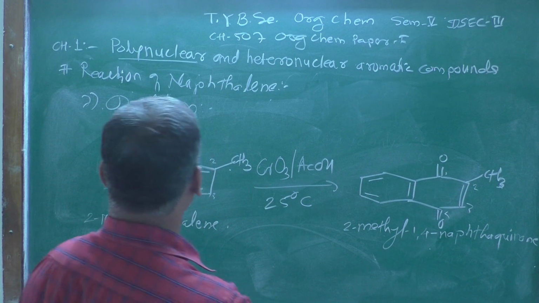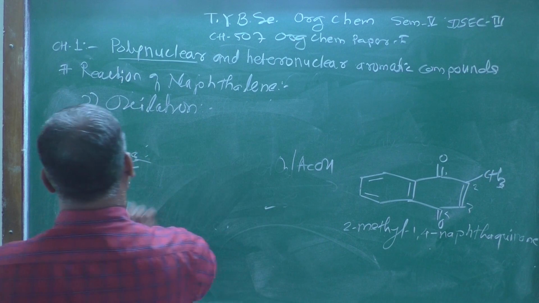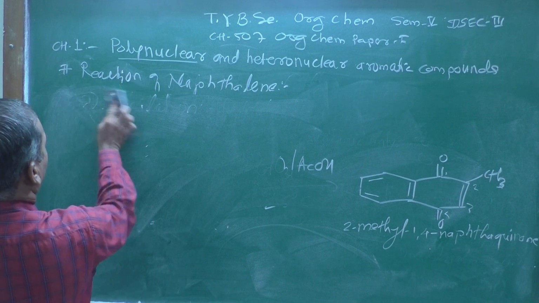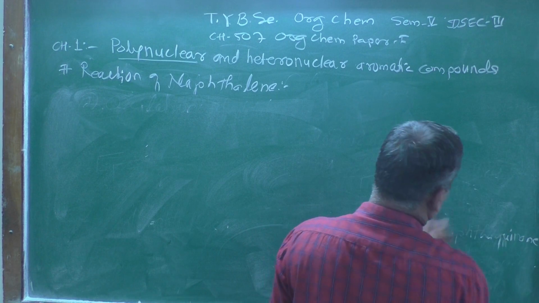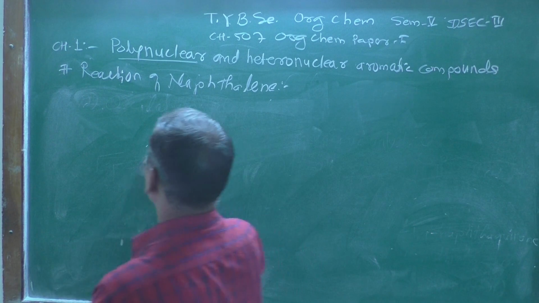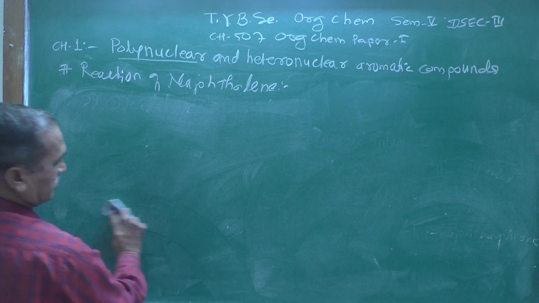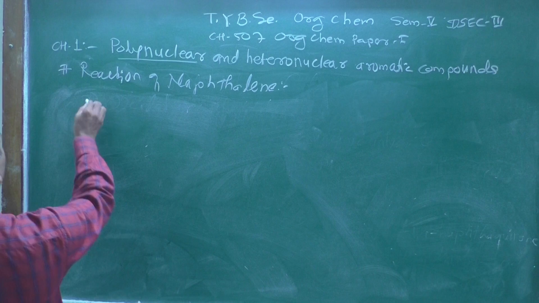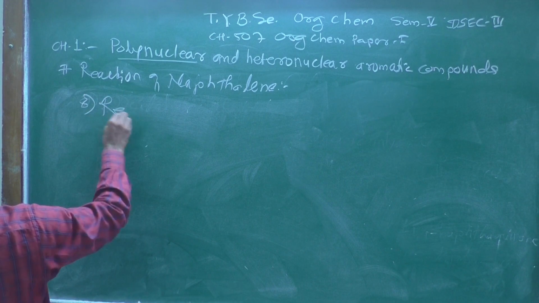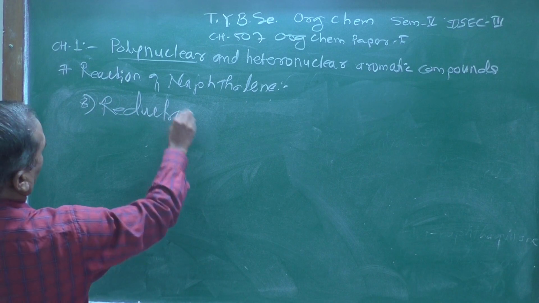Now let us move on to the next and last reaction of naphthalene, that is the reduction of naphthalene. That is reaction number 8, the reduction.